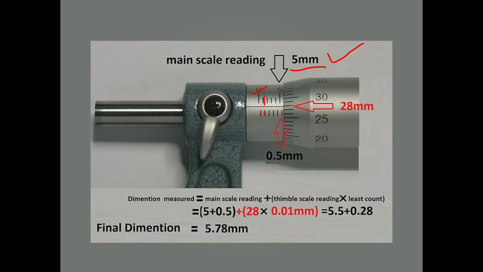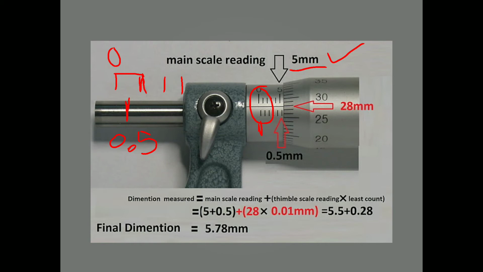The minimum division that can be measured by the micrometer screw gauge is 0.5, because you can see this is the 0 line, then 1, 2, 3, but in between these lines a line is engraved in the center, that is 0.5 mm, and that is nothing but the smallest division that can be measured by the micrometer screw gauge.